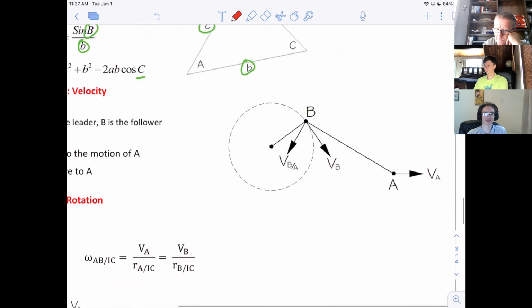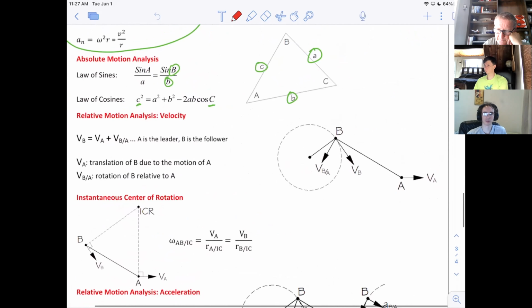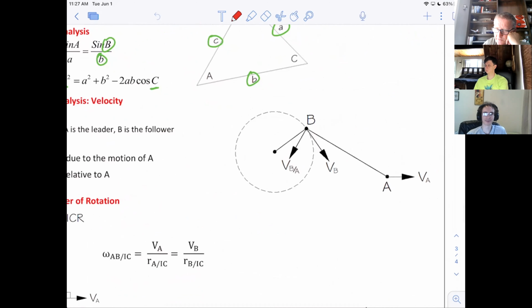And then I drew a picture over here. One thing that's in this picture that I didn't add a second ago is the real velocity of B, notice, is perpendicular to the circle it's on, right? Isn't that the actual velocity of B, which is what we're trying to find?